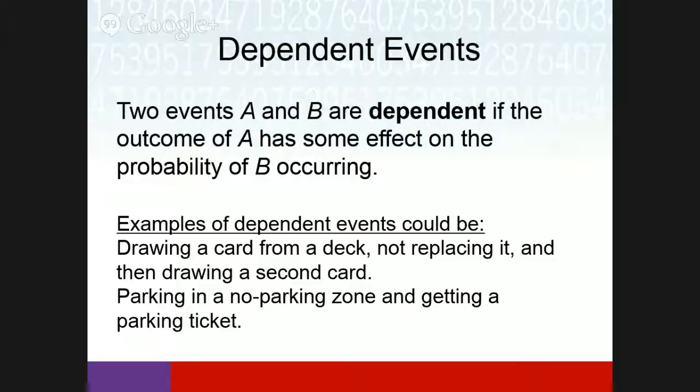If you know you parked in a no parking zone, the probability you're going to get a ticket is greater, right? So that's kind of what they're saying there. Knowing information about event A can change the probability of event B if the events are dependent on each other. Like if I tell you I rolled the dice and got an even number, that changes the probability of it being 1, 2, 3, 4, 5, or 6, right?